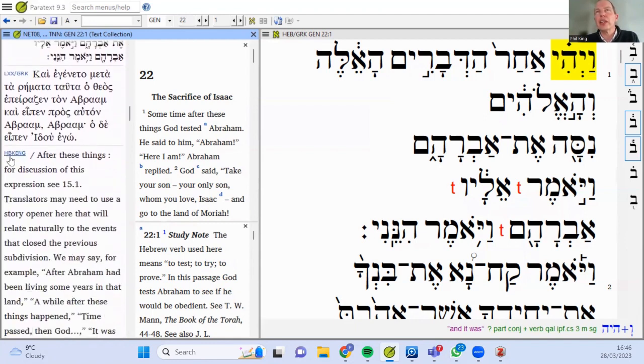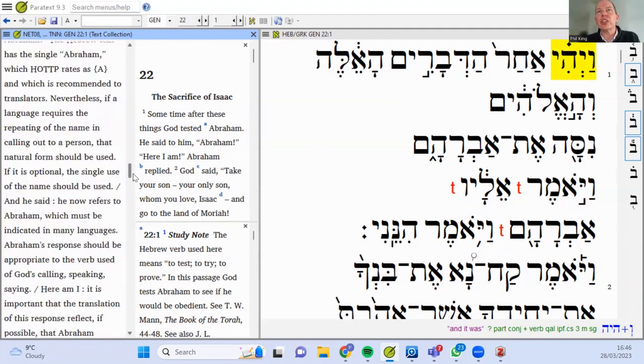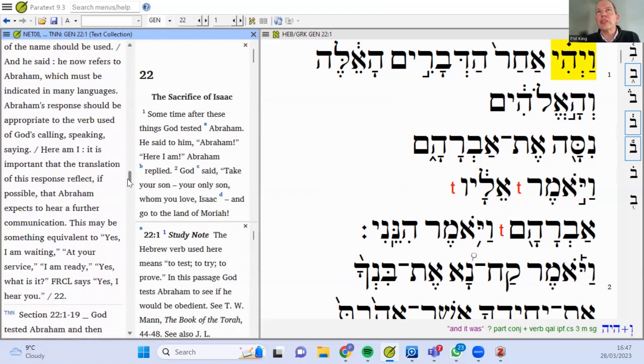Here it says HBKENG, the English handbook from United Bible Societies, which gives translation tips and advice, and also the SIL translator's notes. They're called TNN as a resource in Paratext. Both of these are good places to go to look for advice.